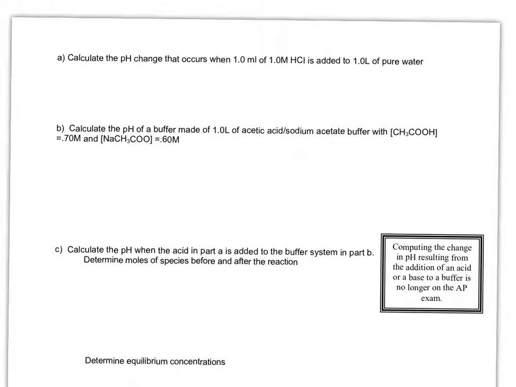HCl is a strong acid, so if I want to write the dissociation for HCl, since it's strong, it goes 100% to completion, no need for an equilibrium there, to H plus and Cl minus. I have a milliliter of 1 molar, and so I can figure out how many moles that is.